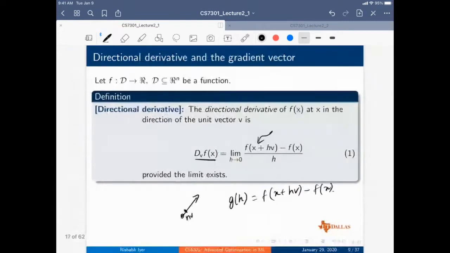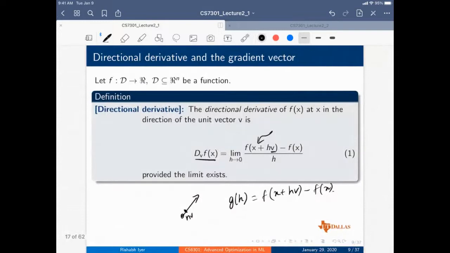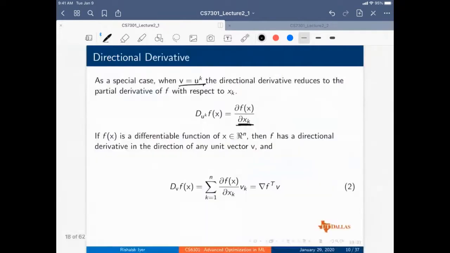Your v over here is a unit vector, so only in the direction k is it non-zero, and everywhere else it is zero. Then you're taking x plus h in this kth dimension minus f of x, keeping everything else constant and just changing the kth dimension, which is nothing but the definition of the gradient.